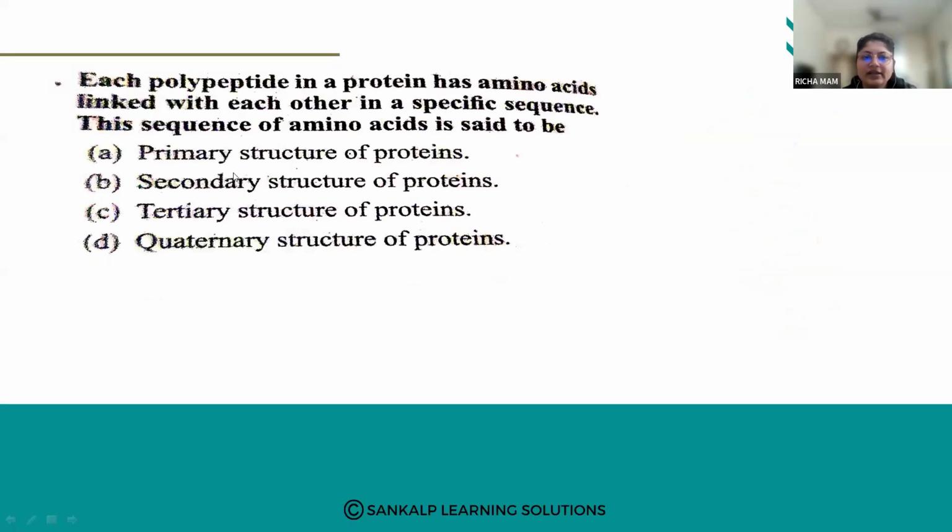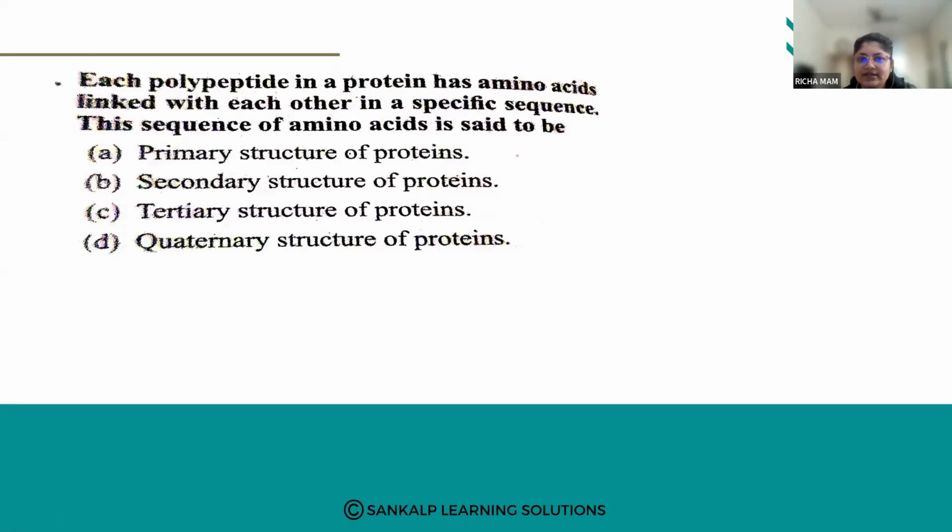Each polypeptide in a protein has amino acids linked with each other in a specific sequence.